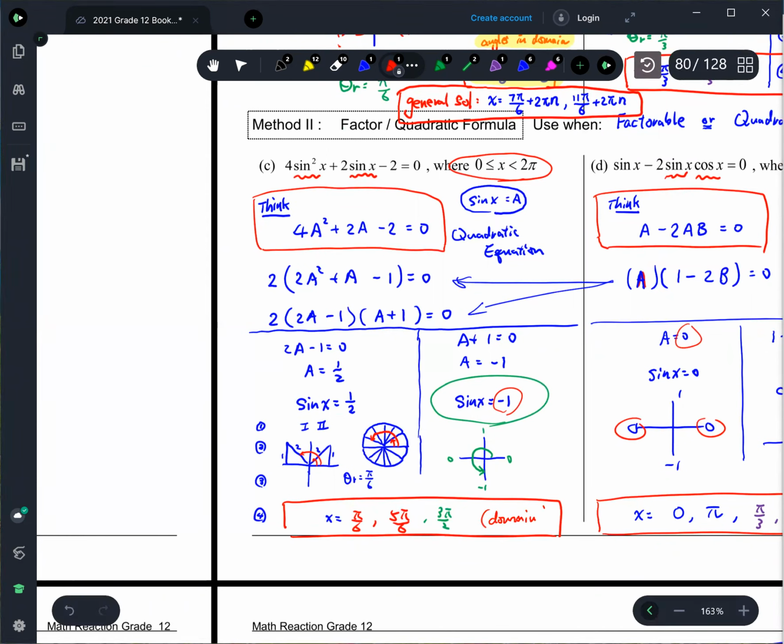These are in the domain. The domain is 0 to 2 pi. Now I would like you to try and write down the general solution. So x equals what? Please write down the general solutions, and then raise your hand.